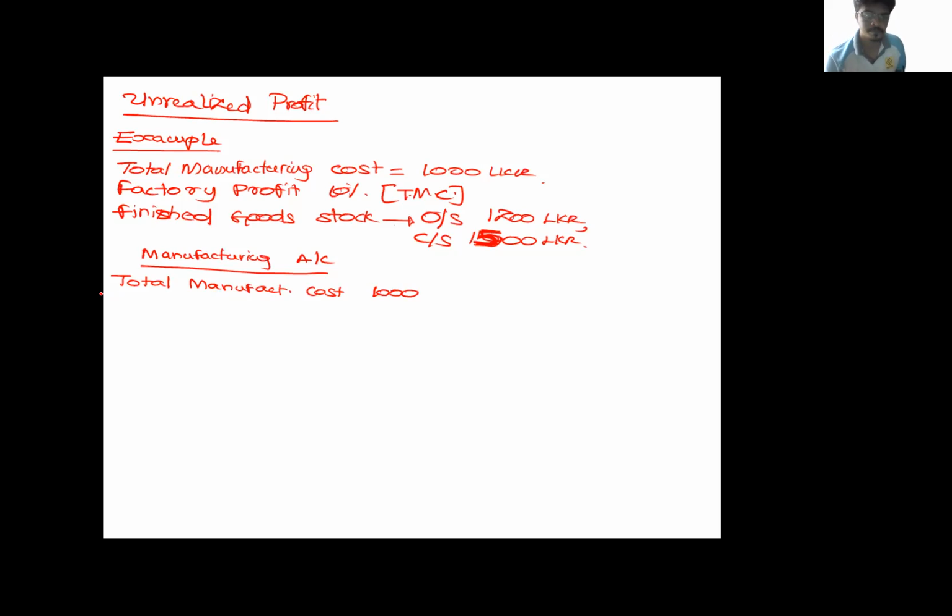Then factory profit policy is 10%. Therefore, I need to add 100, 10% from 1,000. Then I should transfer to trade account 1,100.